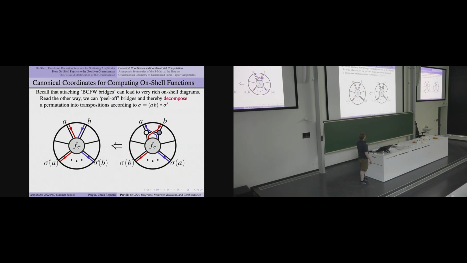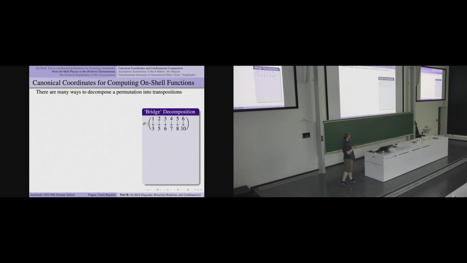There are many ways of decomposing a permutation into adjacent transpositions, or adjacent-ish transpositions, in terms of sequences of bridges. And one rule that will never fail you, but there are many other ways of decomposing these things, is the following. It's a very simple rule. You look at a permutation, and you ignore anything that goes to itself, any leg which maps directly to itself, or itself mod n, or plus n; you skip over those things.